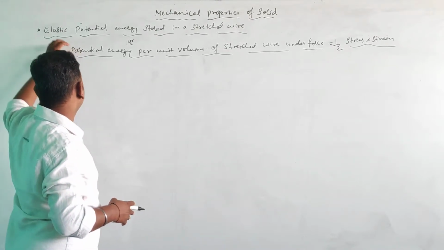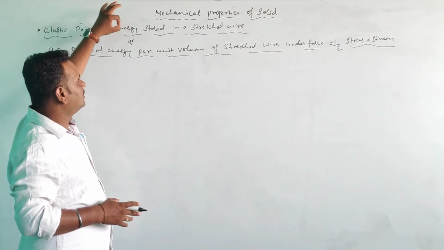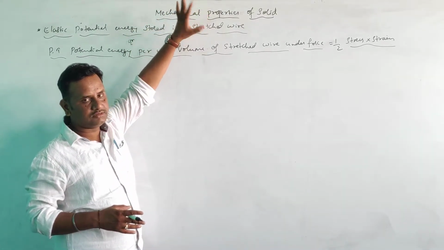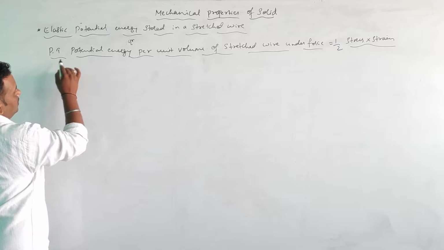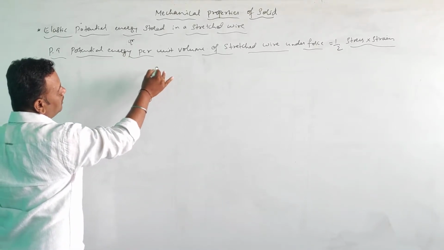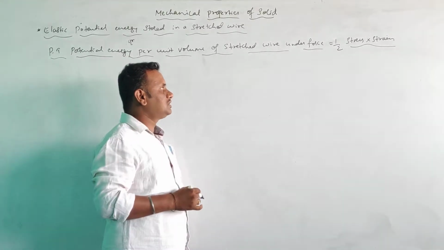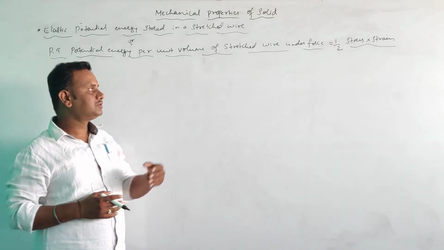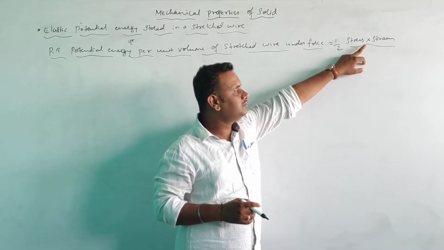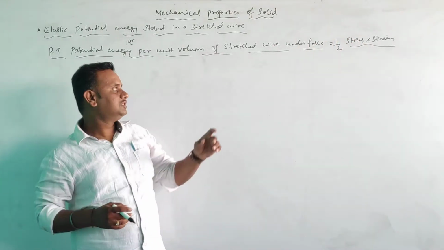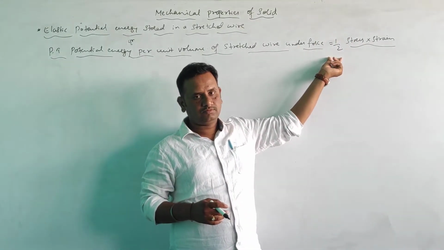Elastic potential energy is stored in a stretched wire. Prove that the potential energy per unit volume of a stretched wire under force is equal to half into stress into strain. So this we have to prove here.